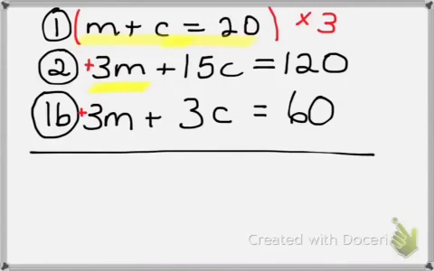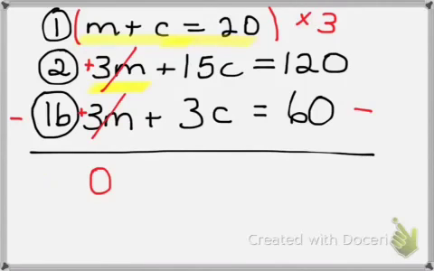And when we have the same sign, so positive and positive, we're going to have to subtract. Just like if we had a negative and a negative. If the signs were opposite, we would add to give us 0, but here we have to subtract. So, positive 3m minus positive 3m cancels out to give us 0.